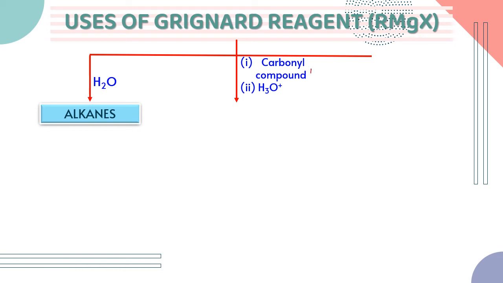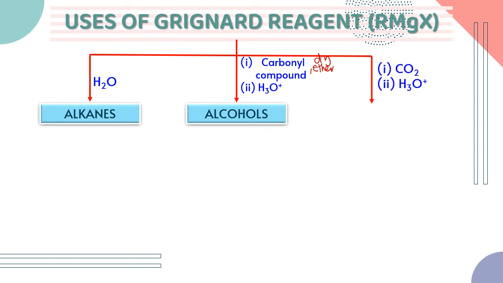This carbonyl compound must be added in dry ether, and then we're going to acidify the reaction. We're going to get alcohols, different alcohols. The third one is a 2-step reaction as well. Grignard reagent reacts with carbon dioxide, and then in the second step we acidify to get our carboxylic acid.